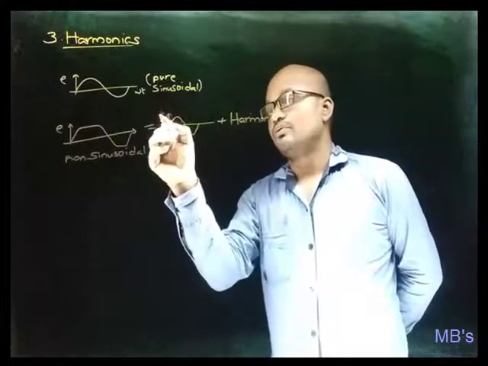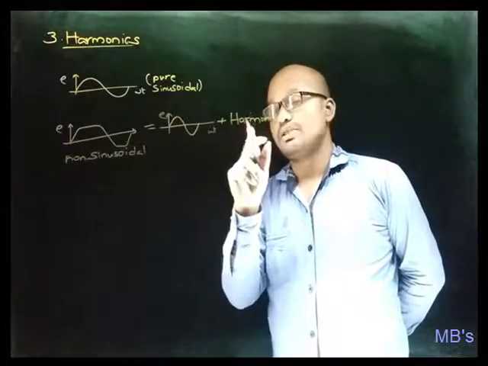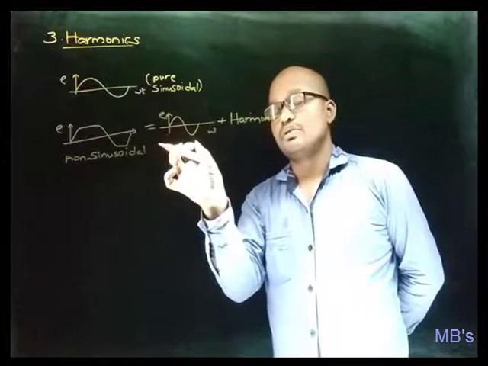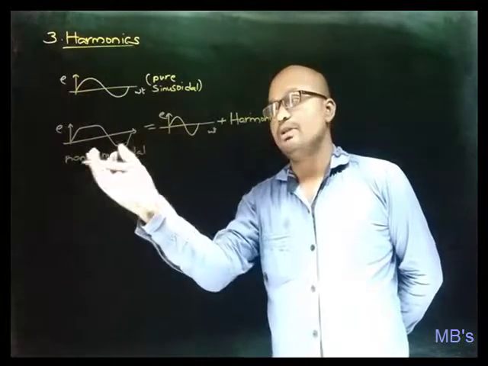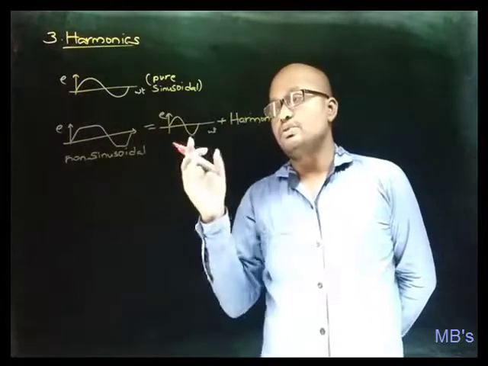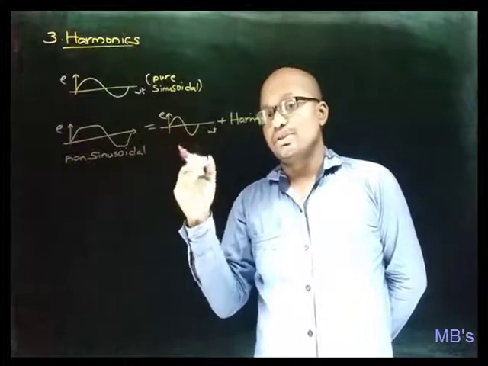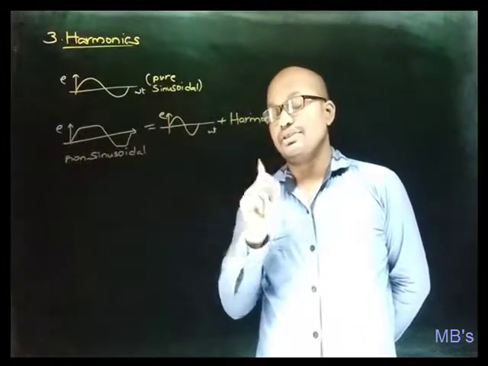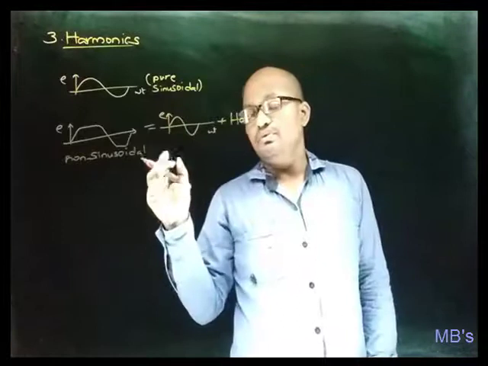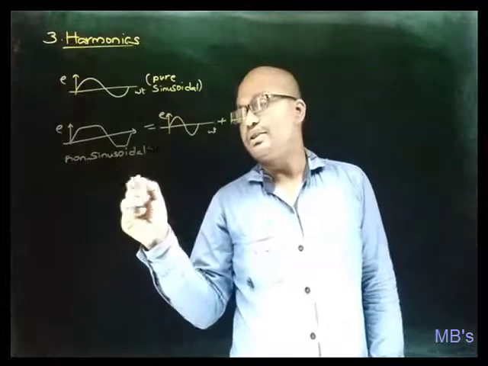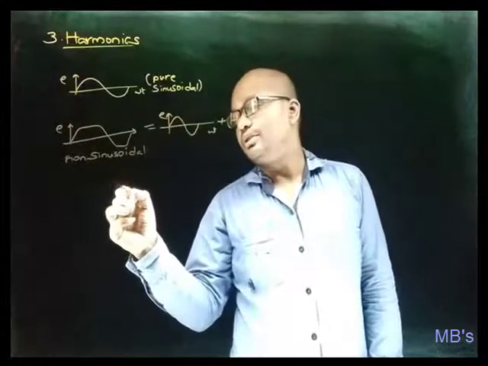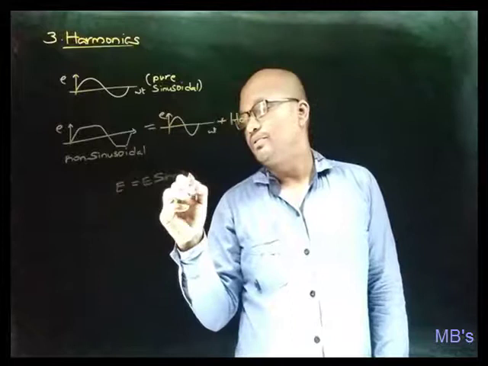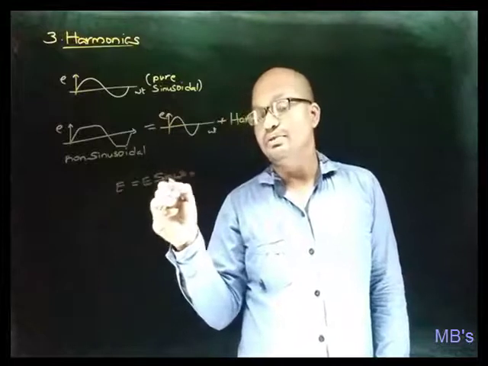So because of harmonics, our pure sinusoidal induced EMF is becoming non-sinusoidal. In order to make our induced EMF sinusoidal, we have to eliminate these harmonics. According to Fourier analysis, every non-sinusoidal signal can be represented in terms of different sinusoidal signals with different frequencies.